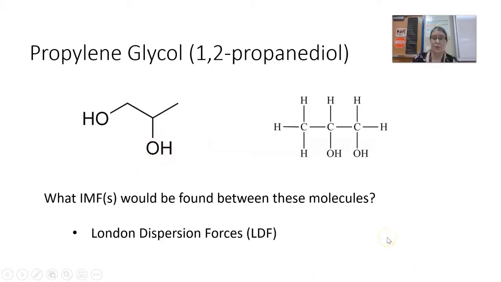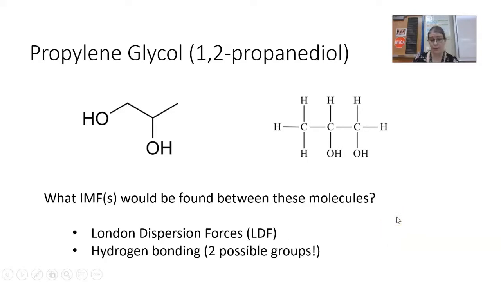And anytime, remember, that I have a hydrogen directly connected to oxygen, I have the possibility of the hydrogen bonding force. And in this case, I have 2 possible places where I can form a hydrogen bond between these molecules. So that's something to think about when I want to compare intermolecular forces. How many different times can I form a hydrogen bonding force between the molecules? In this case, I can do it twice.